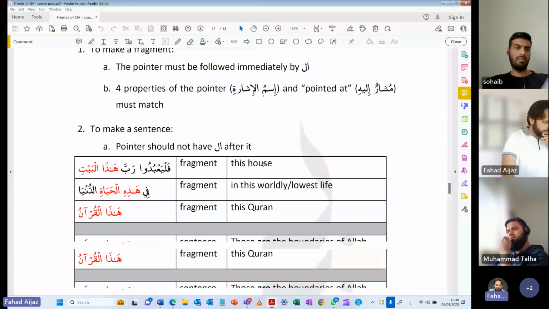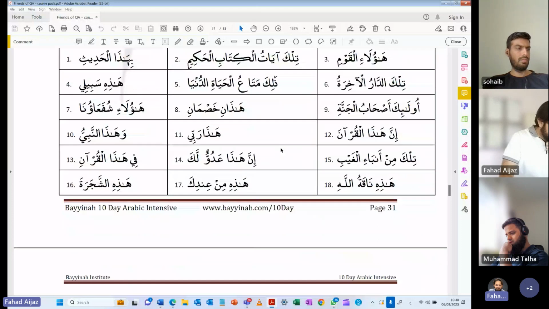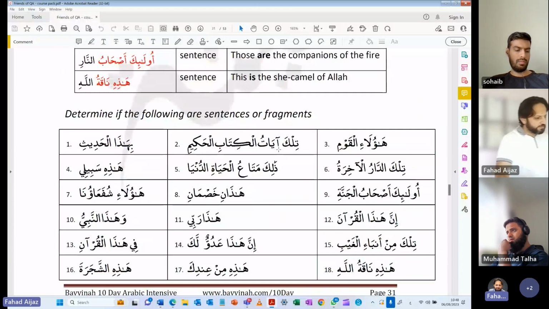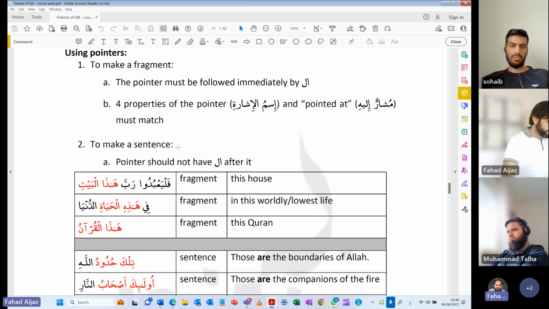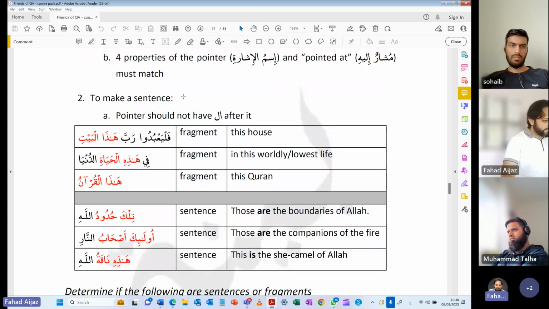On your page number 31, I believe, this is the exercise. Here there are some examples given. Pointer fragments must be followed by al, and the four properties must match. The pointer is called ism ishara, the ism it points at is called musharun ilayhi, and ilayhi is a jar majroor. They must match. To make a sentence you should not have an al.